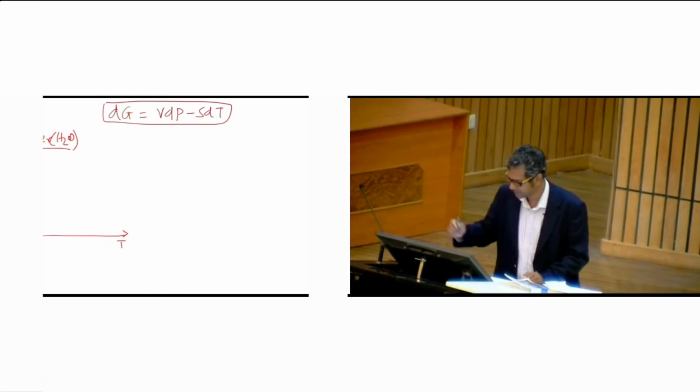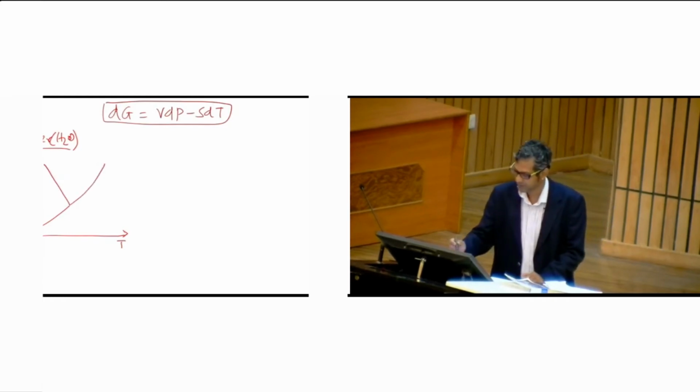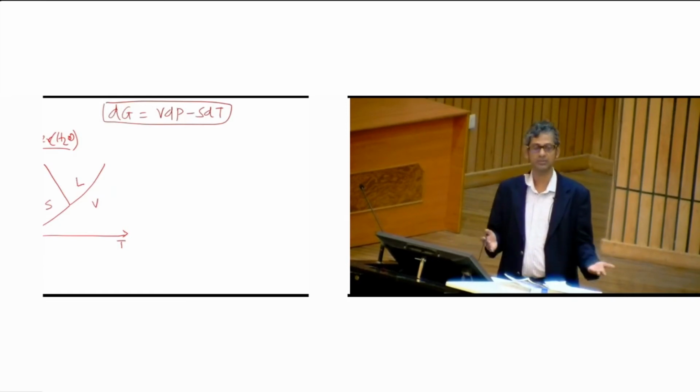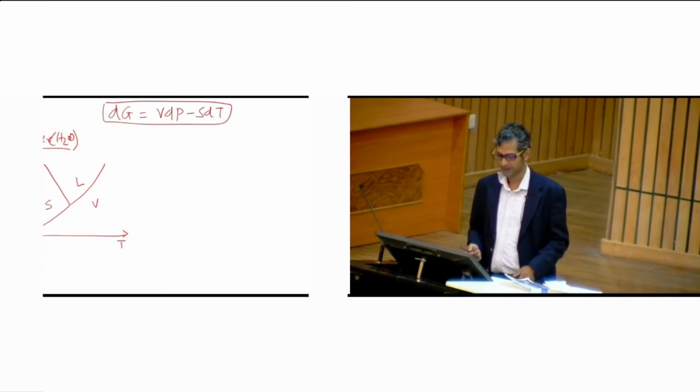And what is a peculiar phase diagram? Correct. So, what is this? This is solid, this is vapor, this is liquid. Solid is what? Ice. Liquid is what? Water which you drink. Vapor is what? The vapor form.